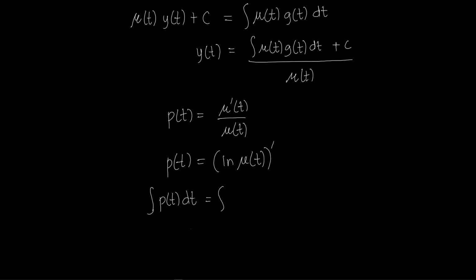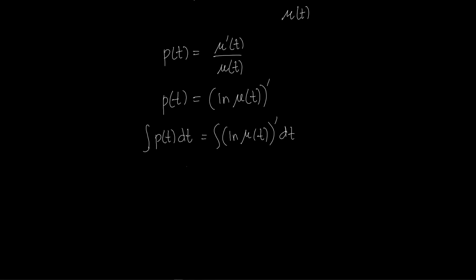I added dt because it is an integral. The integral of ln of mu of t prime dt, where the integral and the derivative cancel out, gives ln of mu of t plus, let's just say k, since we already used c.